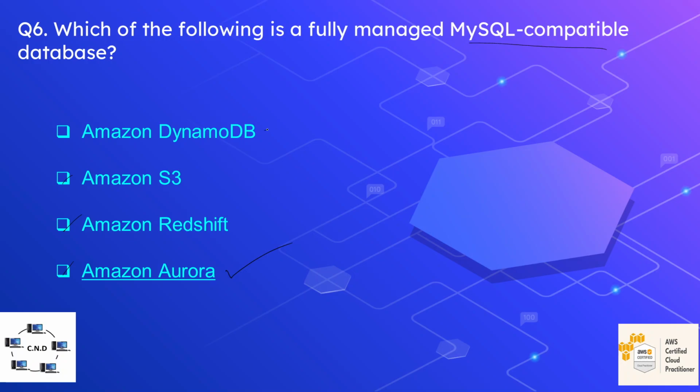DynamoDB is basically a NoSQL database. Amazon S3 is basically storage, it is not a database. While Redshift is basically a data warehousing service. So Amazon Aurora is the correct answer.